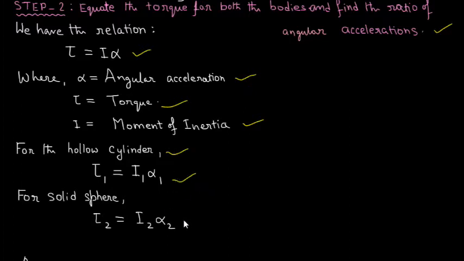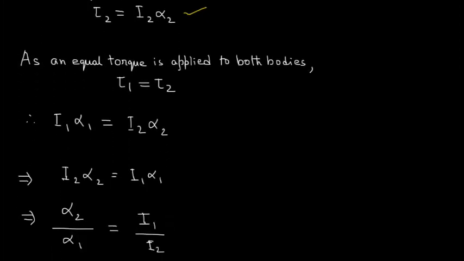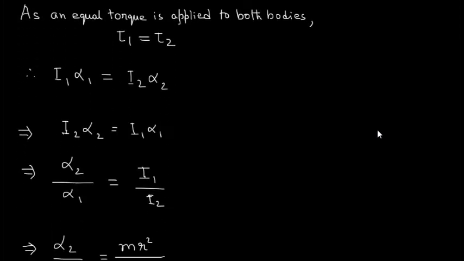For the solid sphere, tau 2 is equal to I2 alpha 2. Now, an equal torque is applied to both the bodies. So tau 1 is equal to tau 2. So putting the value of tau 1 as I1 alpha 1 and tau 2 as I2 alpha 2, we get I1 alpha 1 is equal to I2 alpha 2.